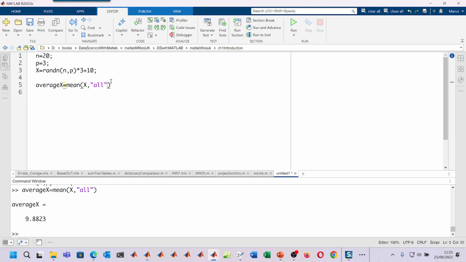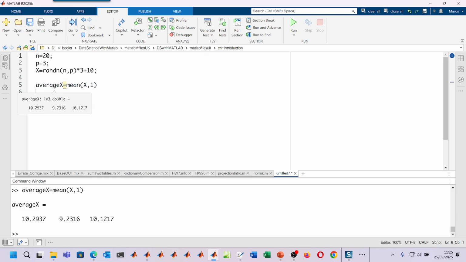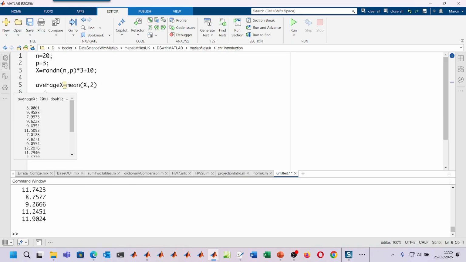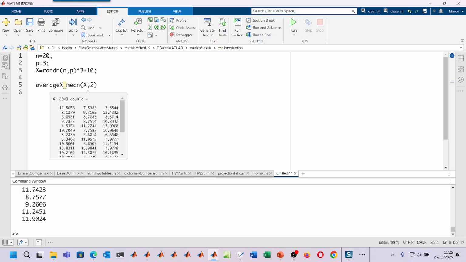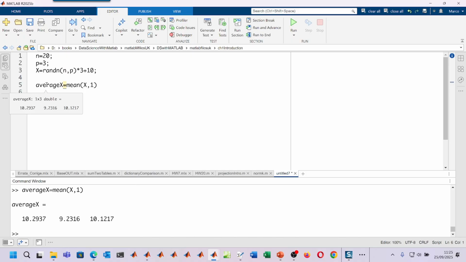You can, on the other hand, have a number here which says whether you want to work with the columns or with the rows. So mean x1 computes the mean of the columns. Mean x2 computes the means of the rows, the mean of each row. If you put 1 here, it computes the mean of each column.